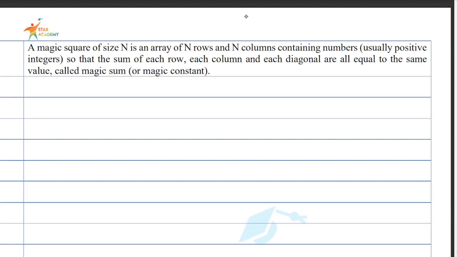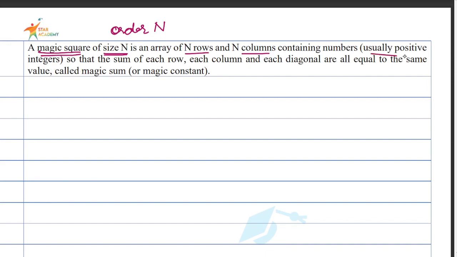So here I have just copied the definition of a magic square. So magic square of size n, we can say of size n, or we may use the term order also. So magic square of order n is an array of n rows, n columns containing numbers, usually positive integers.